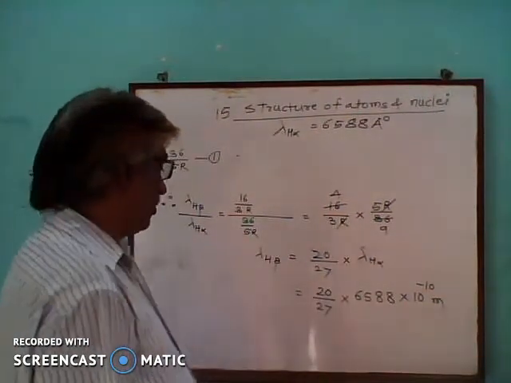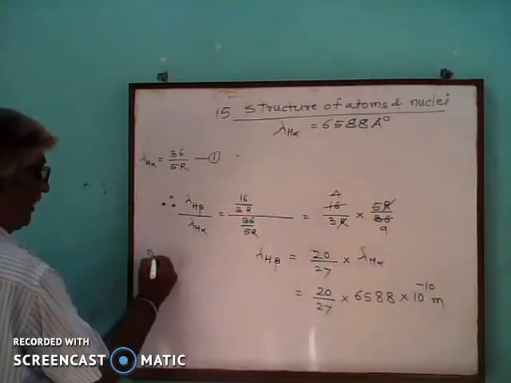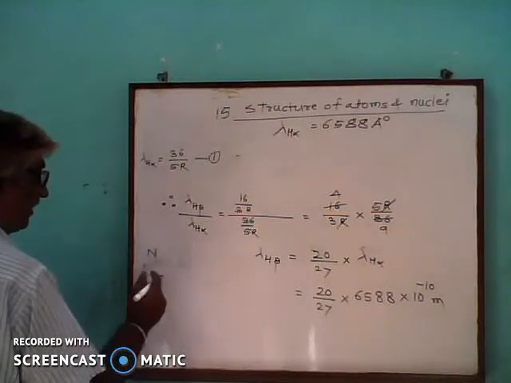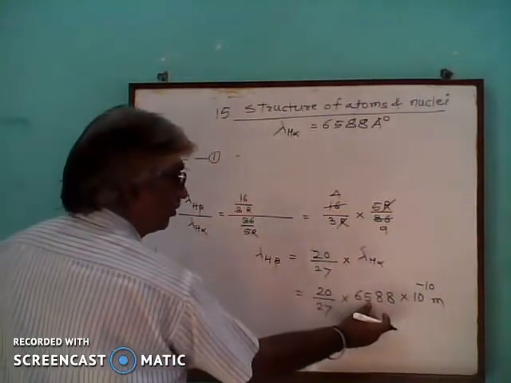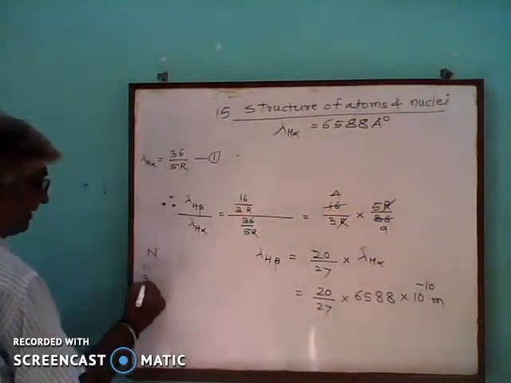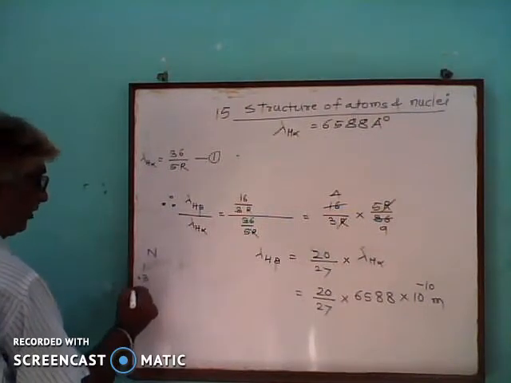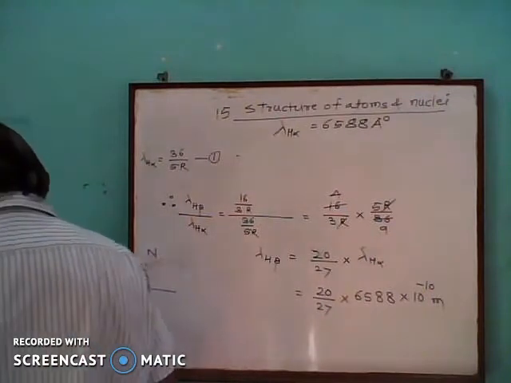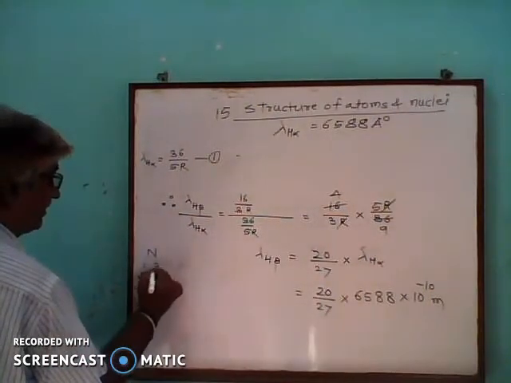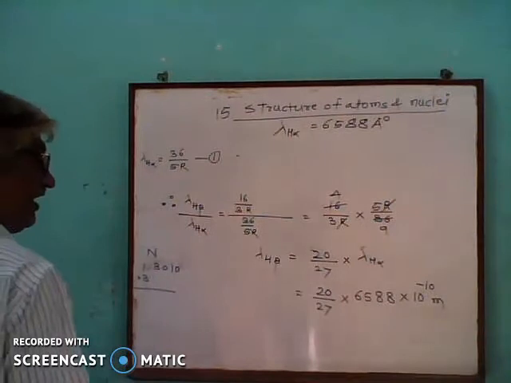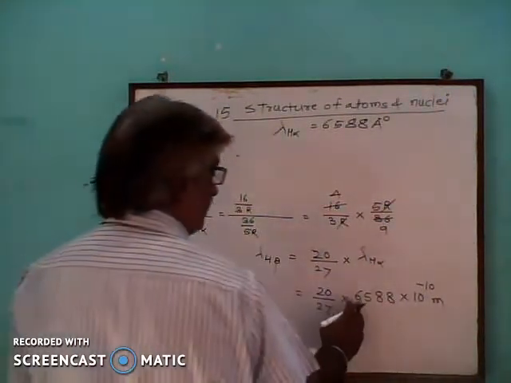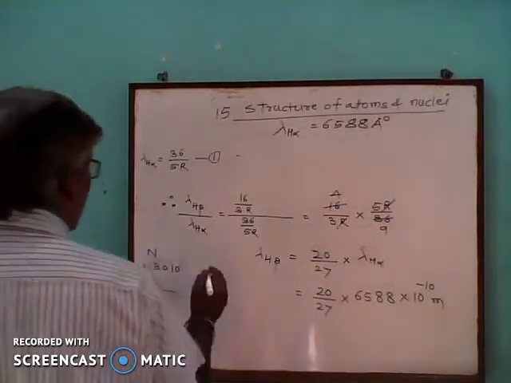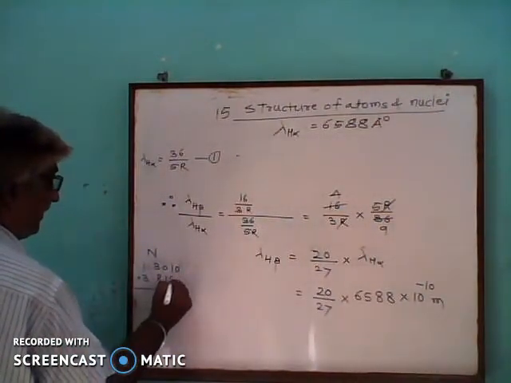If we take logarithm, here the numerator, that is 6588, has digits 1, 2, 3, 4, so the characteristic will be 3. If we take log of 20, it will be 3010. If we take log of 65 with mean difference 8, then it will be 8187.